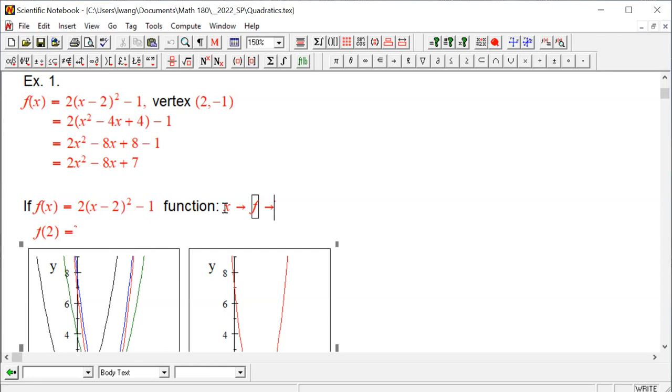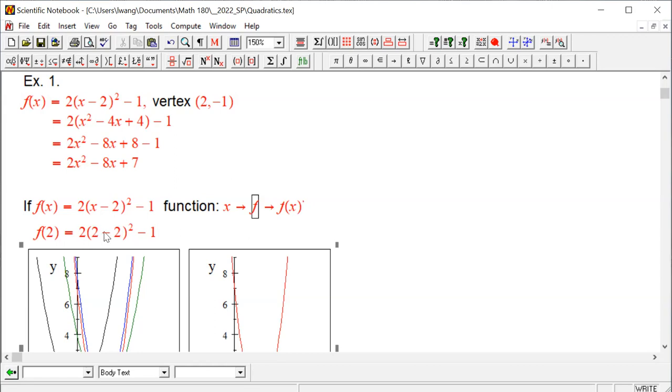So that's f of 2 if we put x equal to 2. When the input is 2, we substitute x by 2.